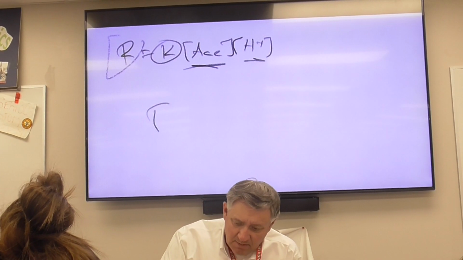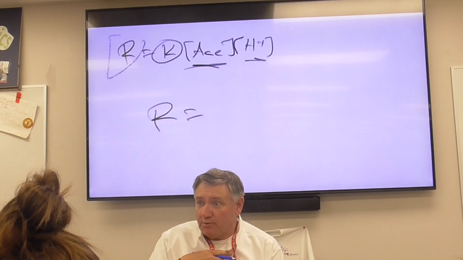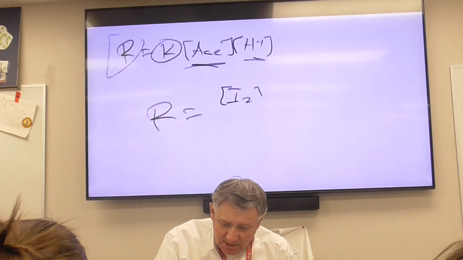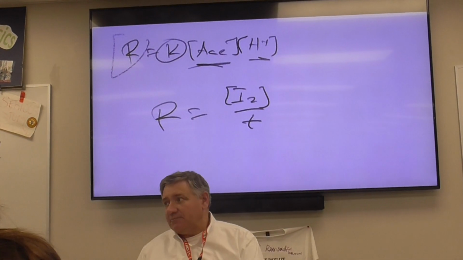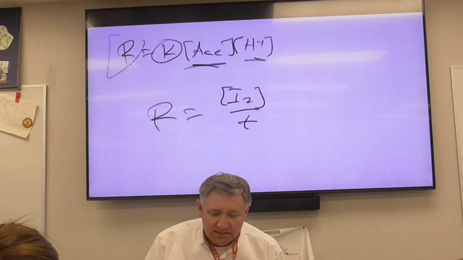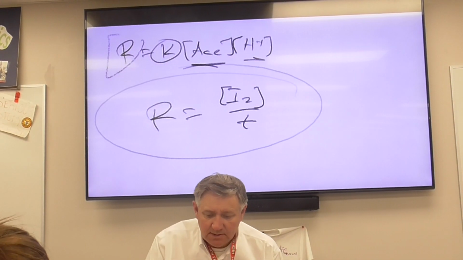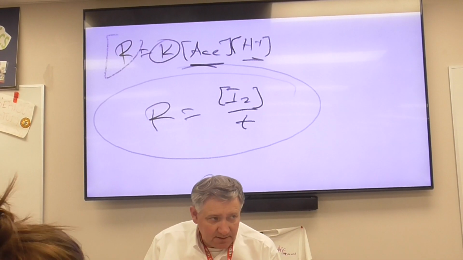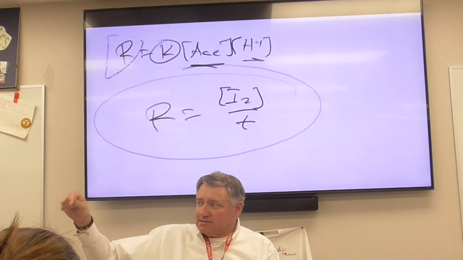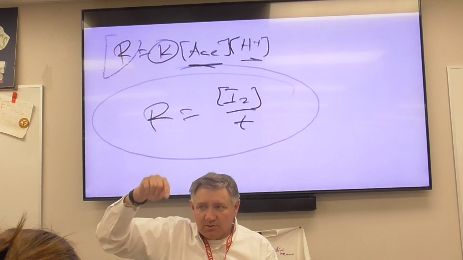Then you said, well, the rate, based upon what we can measure, is the change in concentration of the iodine over time. Here's the dichotomy: we chose iodine as the concentration that we can measure, but the iodine isn't part of the rate law.